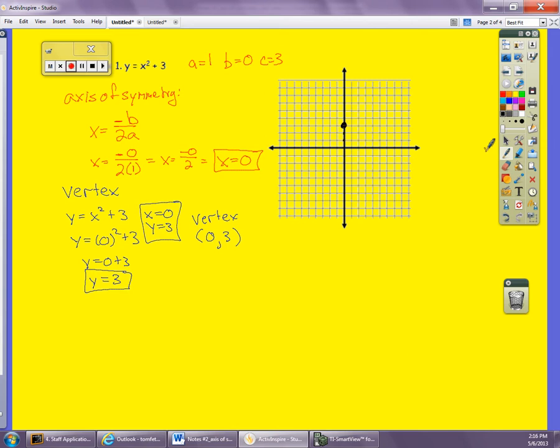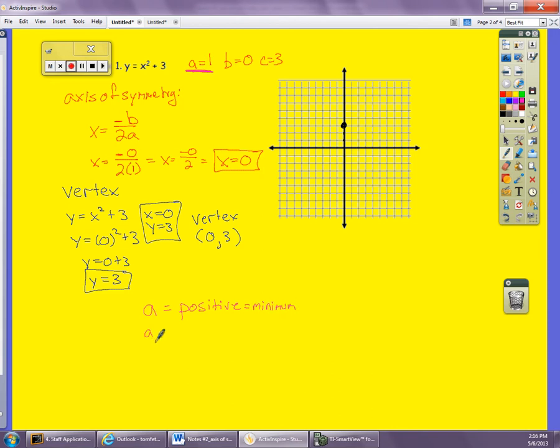Now, the way to tell if this is a minimum or a maximum, we look at the x squared, so we look at this value of a. If a is positive, this becomes a minimum point. That means our graph is going to go up. So if a is positive, it's a minimum.